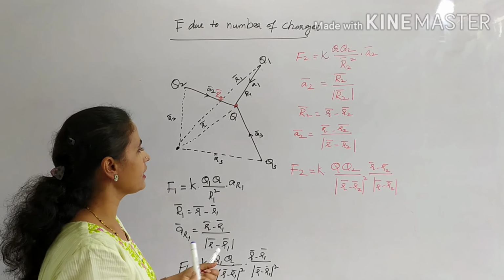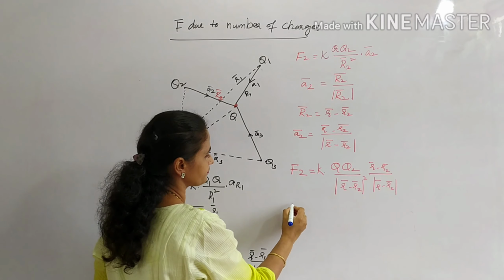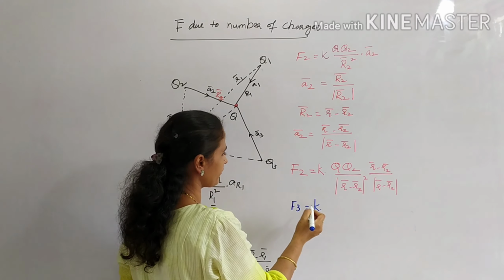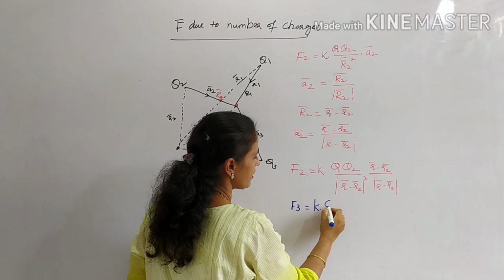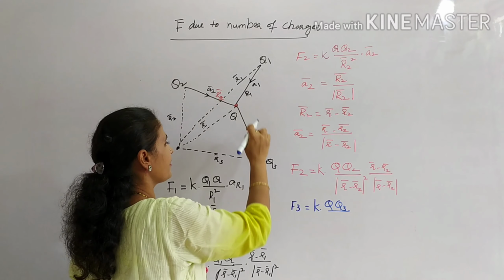What is F3? The force on Q due to Q3. It is given by K into the product of the two charges, Q into Q3, by the square of the distance between these two.